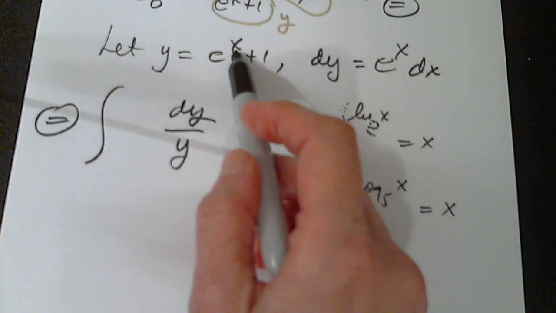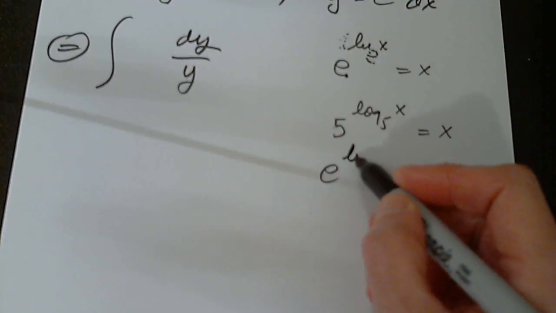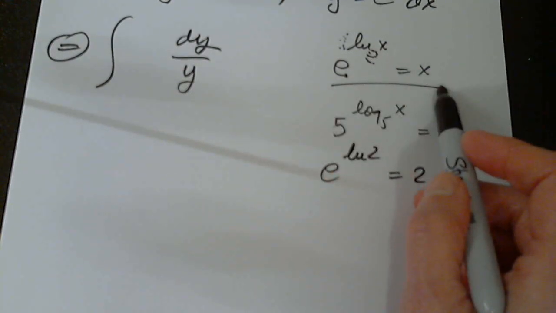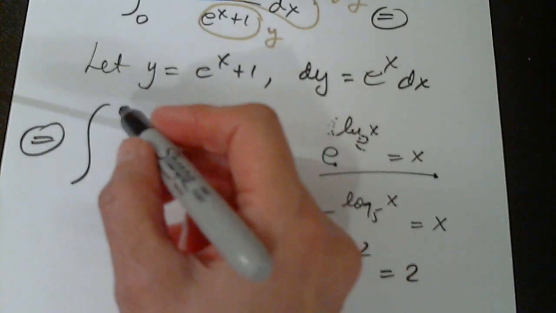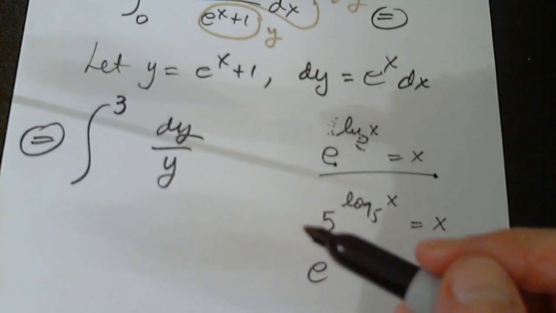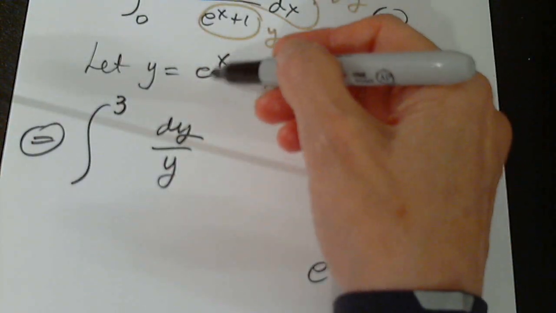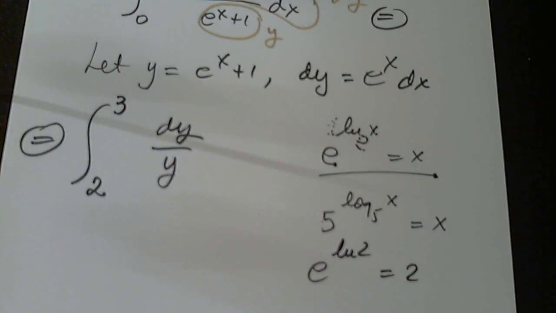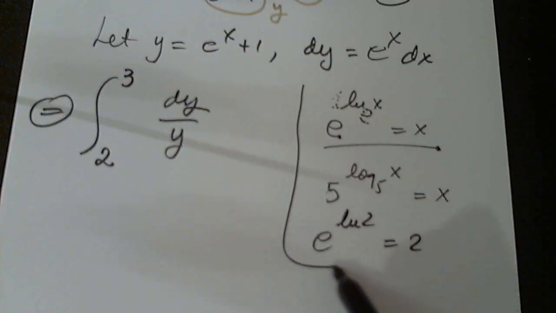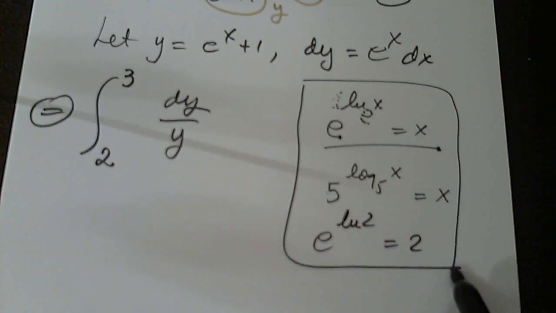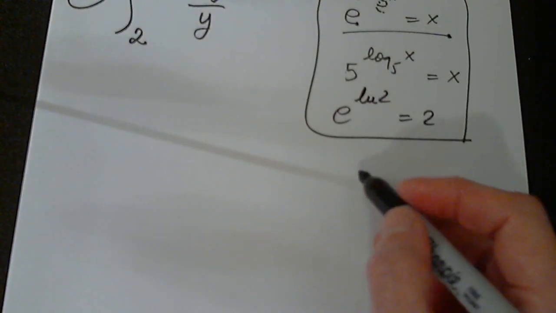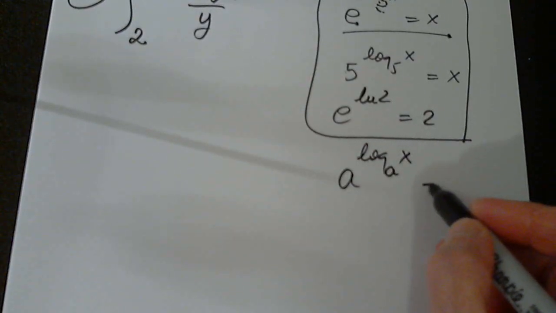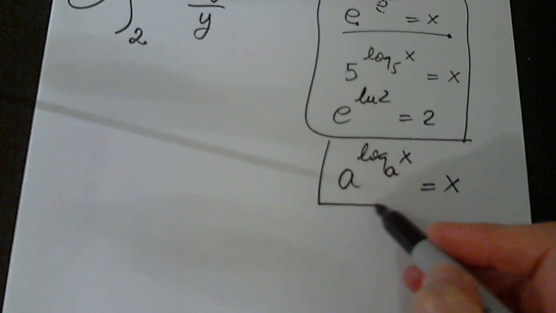When I plug in natural log 2 here, e to natural log 2 is 2 by this rule. So 2 plus 1 is 3. When I plug in 0, I get 1. 1 plus 1 is 2. So this is a property: any base raised to the log of that base of x is x. This is the general rule.